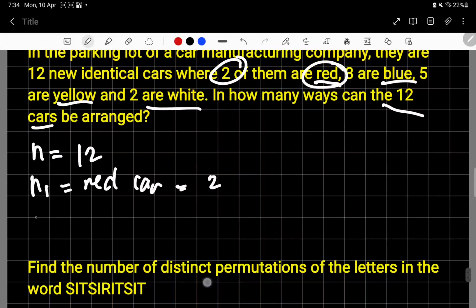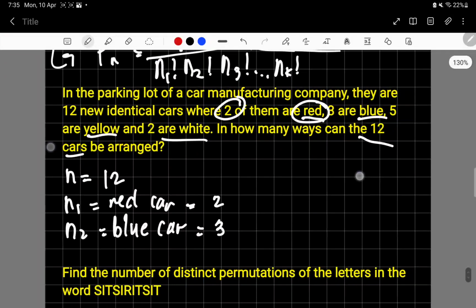Okay, ano pa? N sub 2 which is the blue car. And ilang blue car meron tayo dyan? We have 3. Okay. And meron pa ba? We have 5. Okay. N sub 3 will be the yellow car, which is equal to 5.